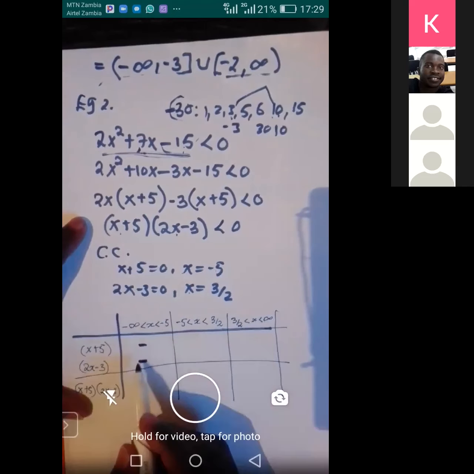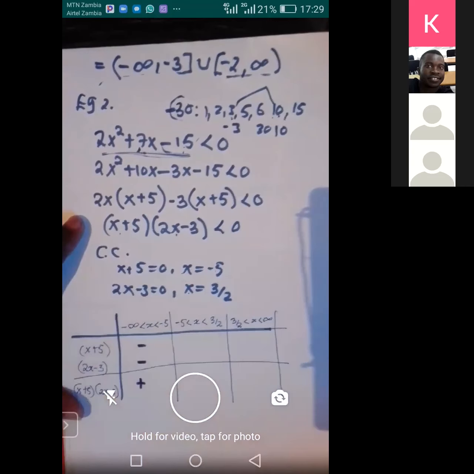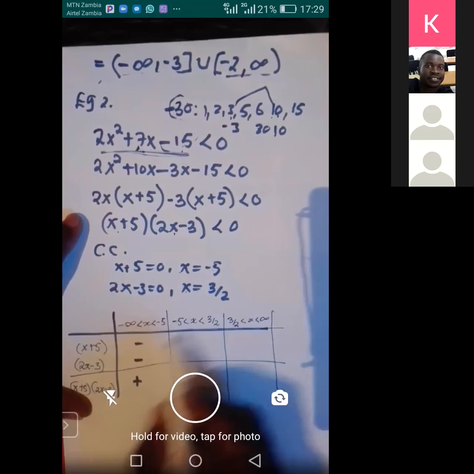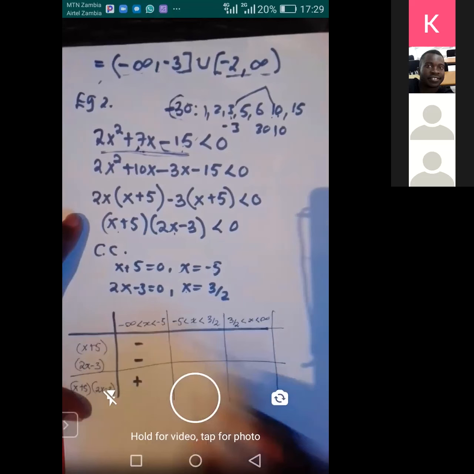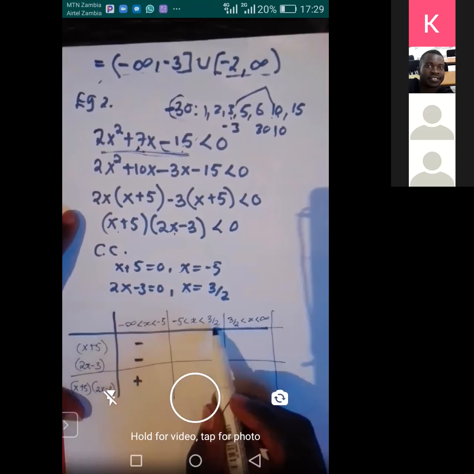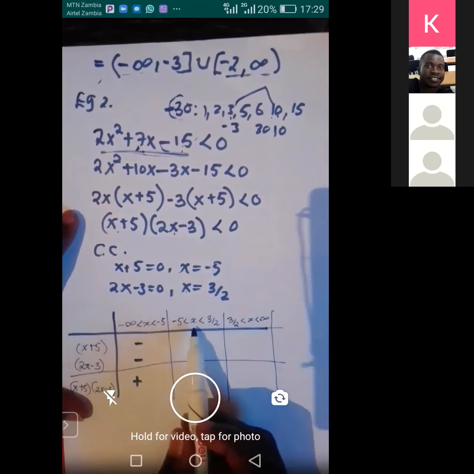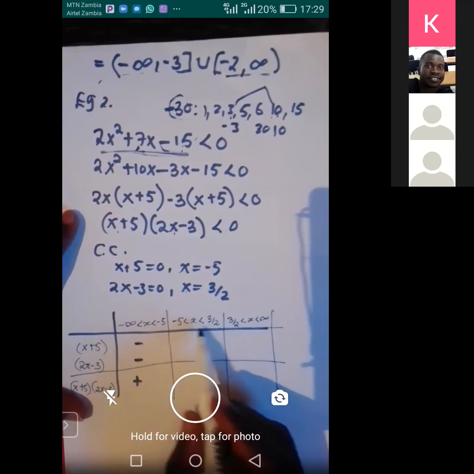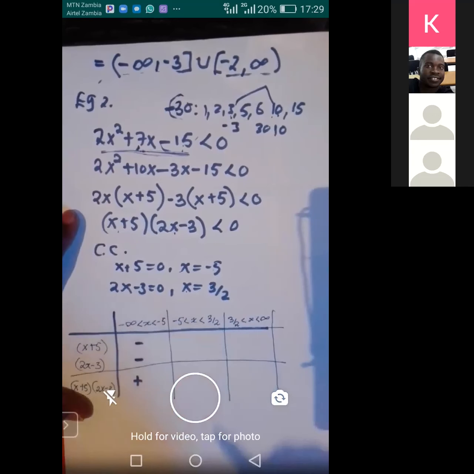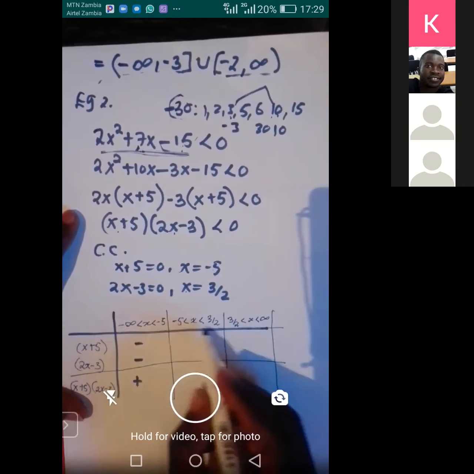Then negative times negative, you get positive, ladies and gentlemen. Then in this interval, you have from minus 5 to 3 over 2. So you can pick any test value here. Say, okay, let's pick negative 4. So that is in that range. You can pick 1, it is in that range. So you can pick any number which is in this range.